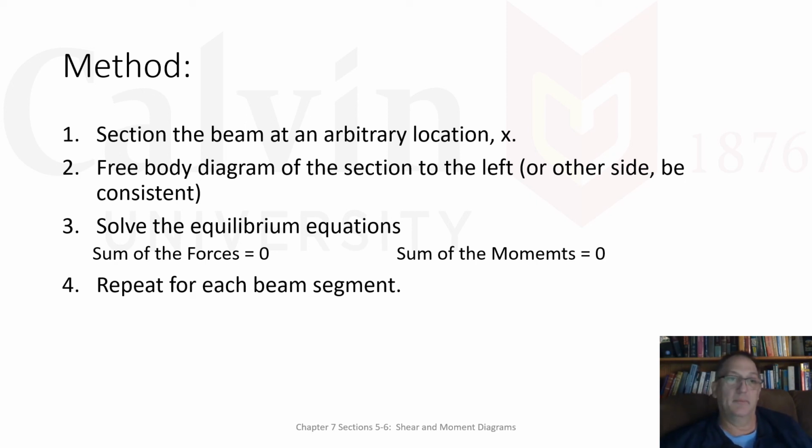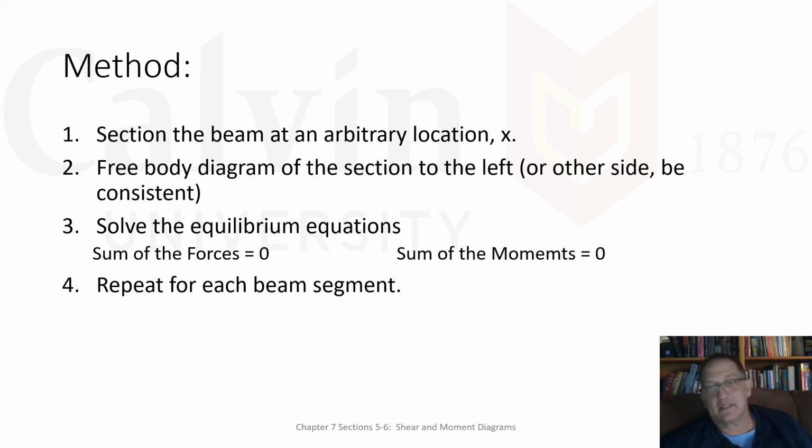You simply need to be consistent in how you're doing that. You can work from either end. Once you've made your section of your free body of your beam, then you solve the equilibrium equations, the sum of the forces and the sum of the moments, and then you repeat that for each beam segment and walk your way through.